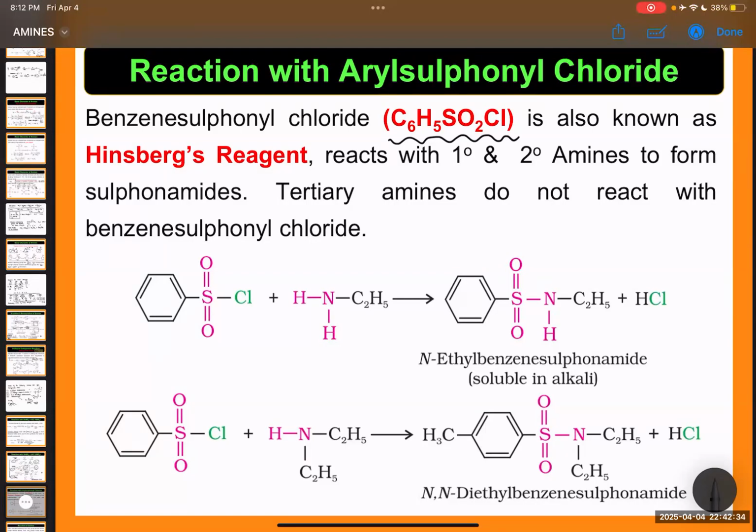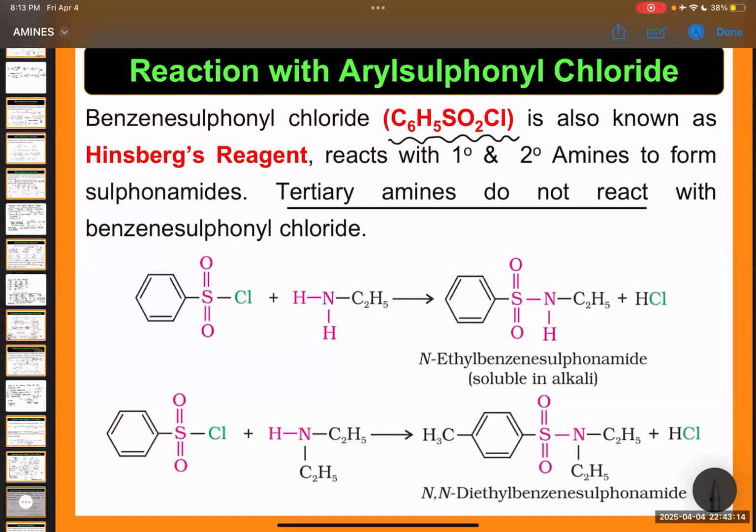Okay. And it can react with primary and secondary amines, but not with tertiary amines. What's the reason? The reason we already discussed. What's the reason why tertiary amines will not react with the Hinsberg reagent? The reason is the same. There is no hydrogen available.